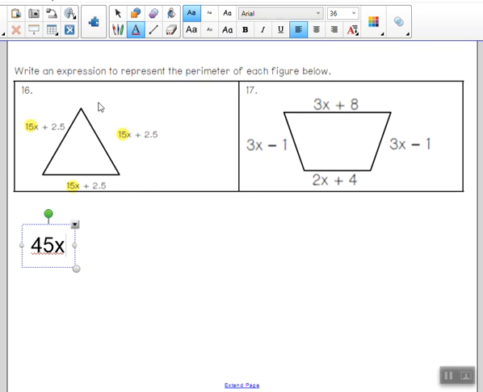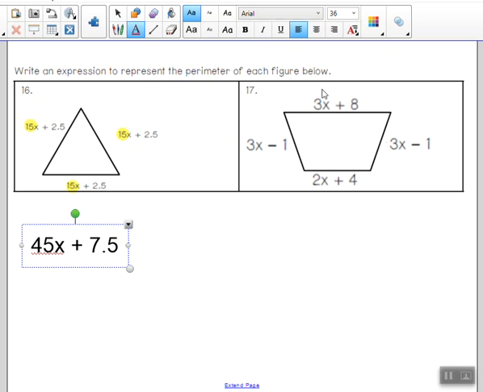And if I were to really add those 2.5s, well, that's 5, and then that's 7.5. So when I solve this problem, the perimeter of this triangle is 45x plus 7.5. And that's my answer because I've combined the parts that I could and the constants as well.